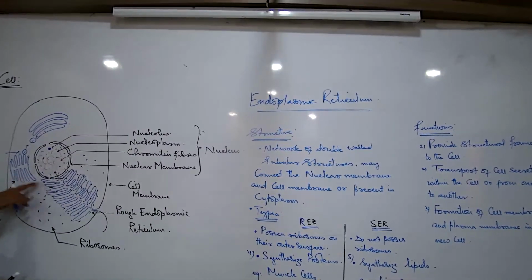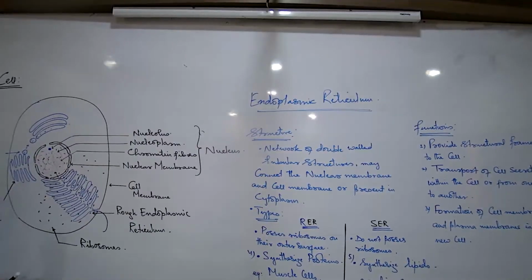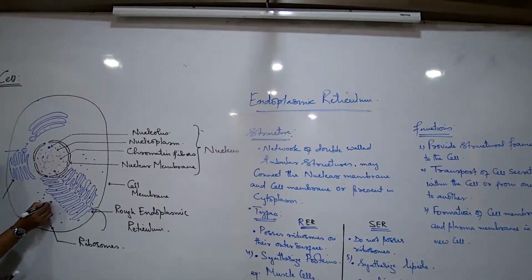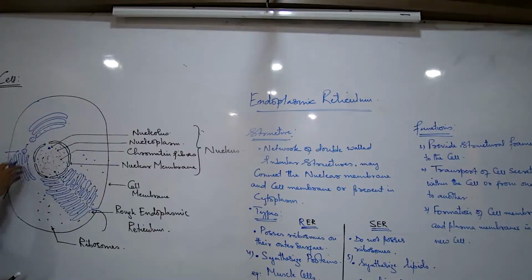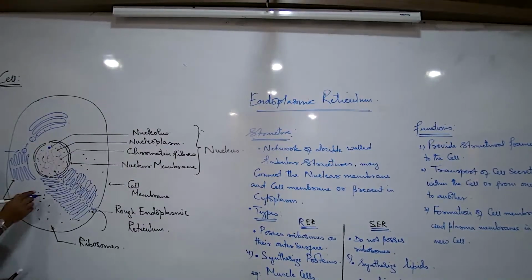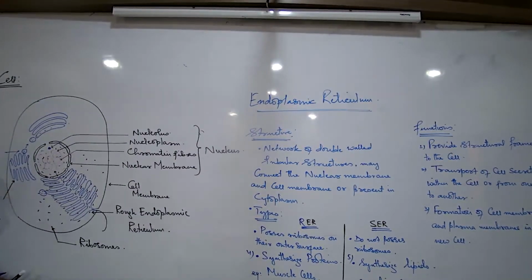Whatever secretions there are, they are not like molecules floating in the cytoplasm. They will be carried in the form of small packets by the flow of the cytoplasm, because the cytoplasm is a streaming, gel-like substance. It is not stagnant. It is also constantly moving in the cell. So if I talk about proteins, suppose this will make the protein molecule, which will be carried in the form of vesicles.